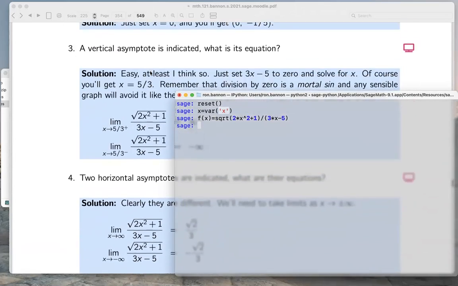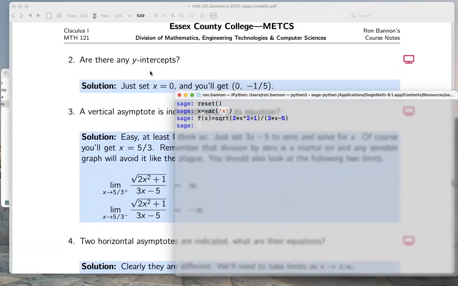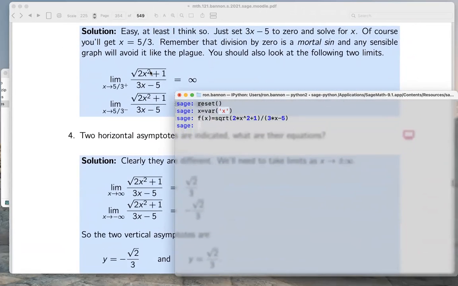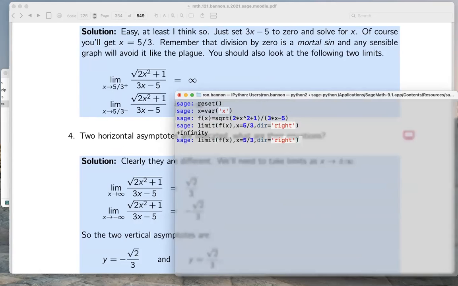Maybe I could do some of these problems over here. Now, let me do this one for you. So limit f of x, x equals 5 divided by 3, direction equals right. I don't know, maybe you can't do it. Infinity, that was good. Let's do left.